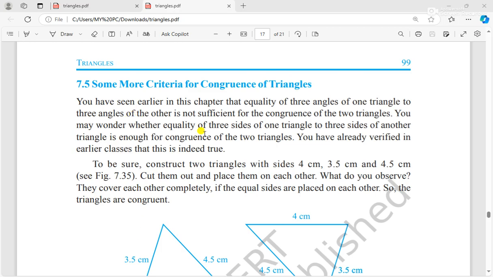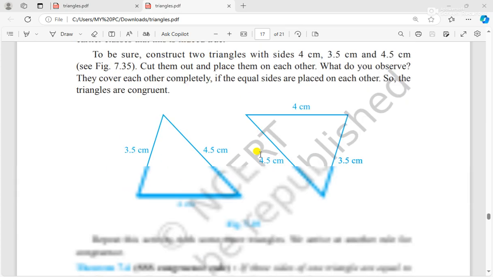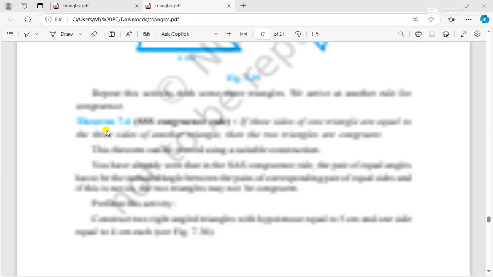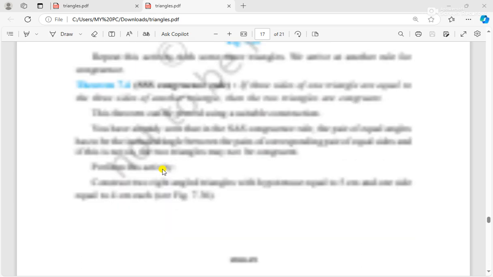Hello everyone. Today we'll discuss some more criteria for congruence of triangles, right? There are some more theorems. Number one is theorem 7.4, and you can see that the congruence rule is the side congruence rule, or congruence criteria.